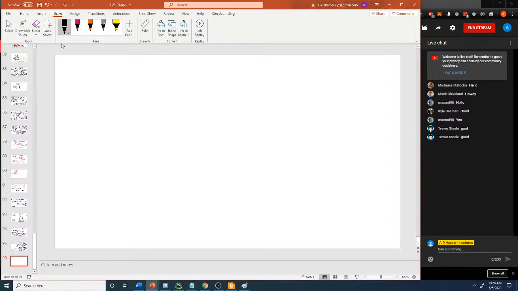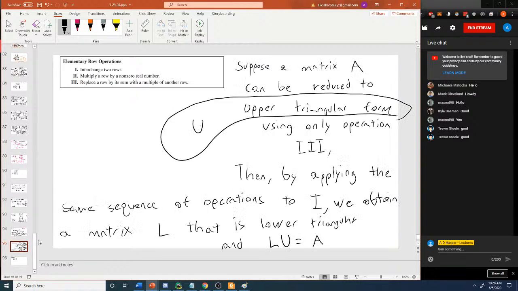So I'm going to do a 3x3 example. Suppose I'm looking at the matrix 1, 5, 7, 3, 2, 4, -1, 10, and 1. I'm going to try to reduce this to upper triangular form using only operation 3.